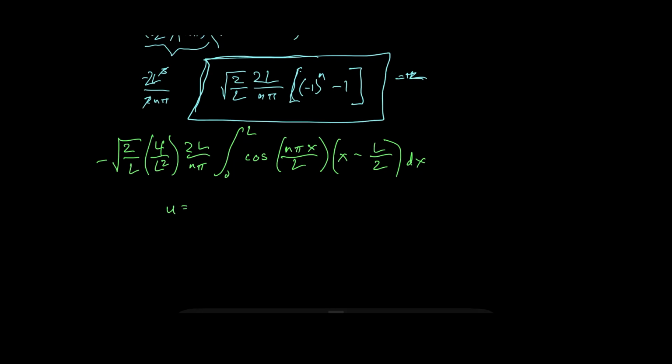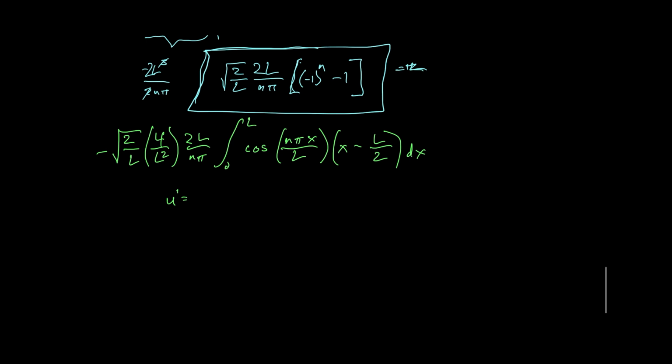Should technically say u prime, so the math people don't yell at me. I'm a physics person, not a math person. Okay, u prime is going to be x minus L over 2, which makes my du prime just 1 dx.